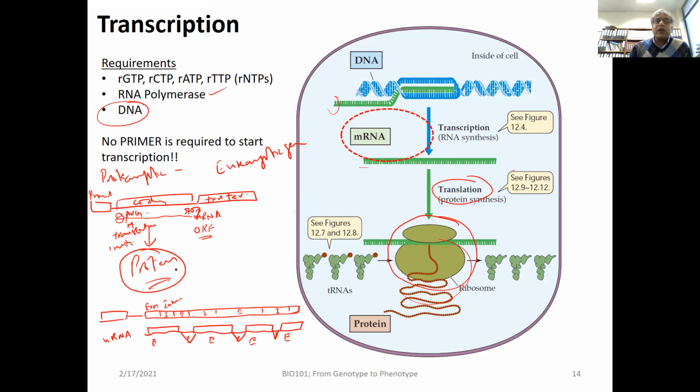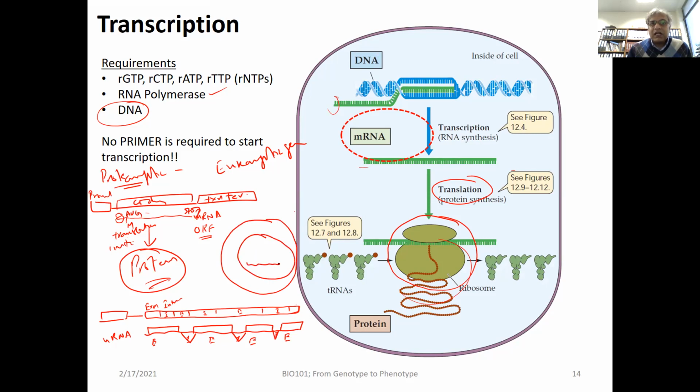So in eukaryotes, after transcription, when messenger RNA is synthesized within the nucleus, because in prokaryotes there's no nucleus, I will try to draw it here. So this is the nucleus.